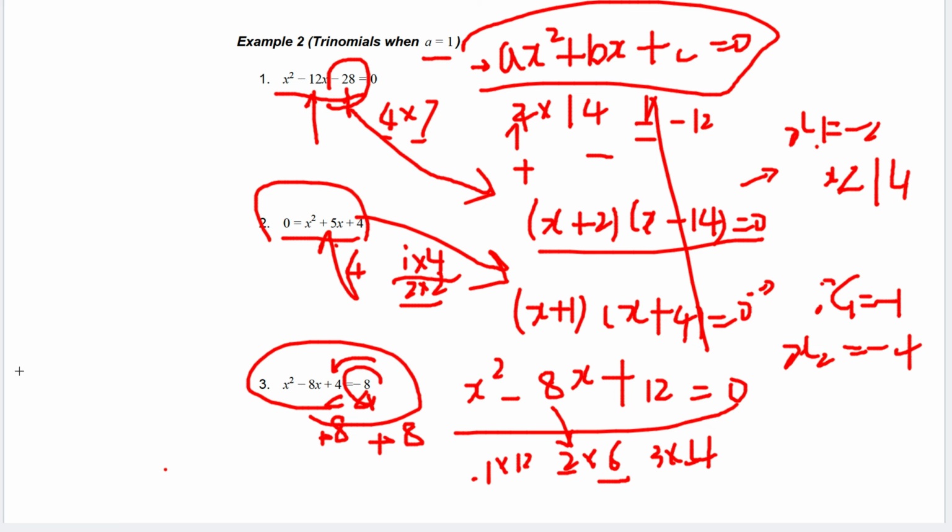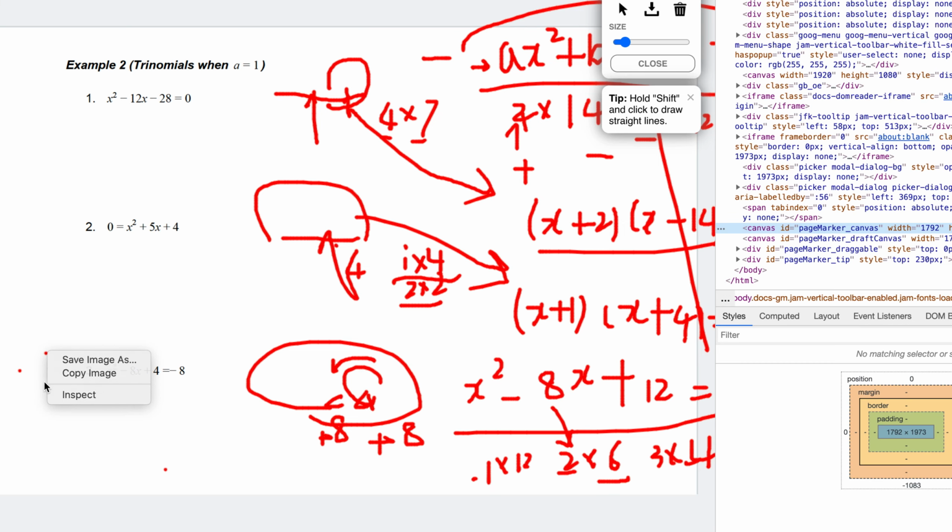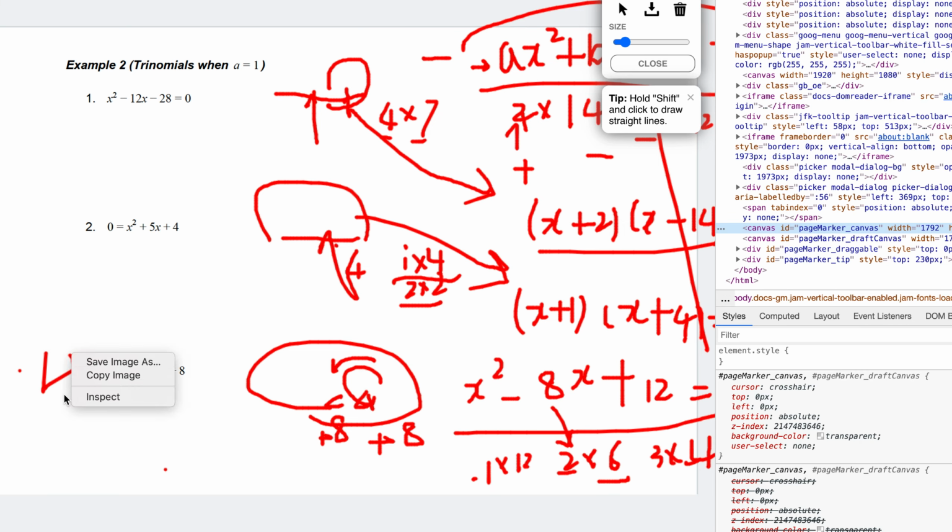So following the idea, we get x minus 2 and x minus 6 equals 0, right?